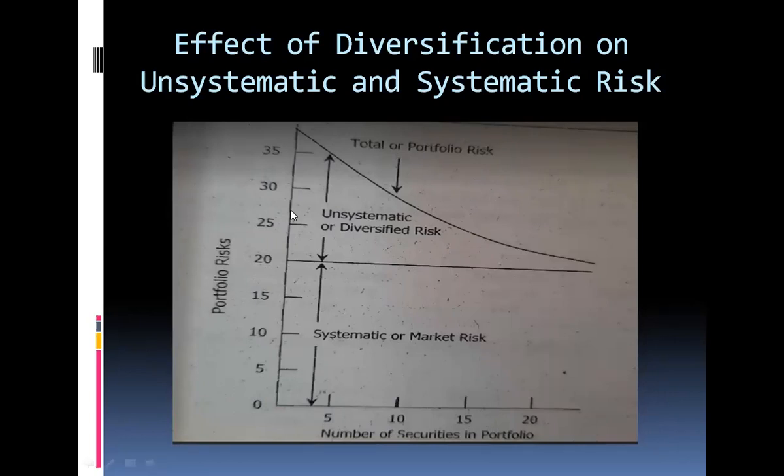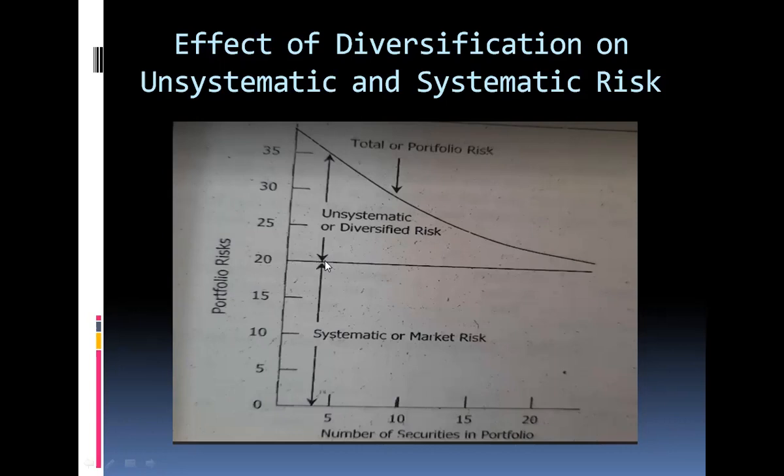As shown here, as the number of stocks increases, from 5 to 10 for example, the diversifying effect of each additional stock diminishes.